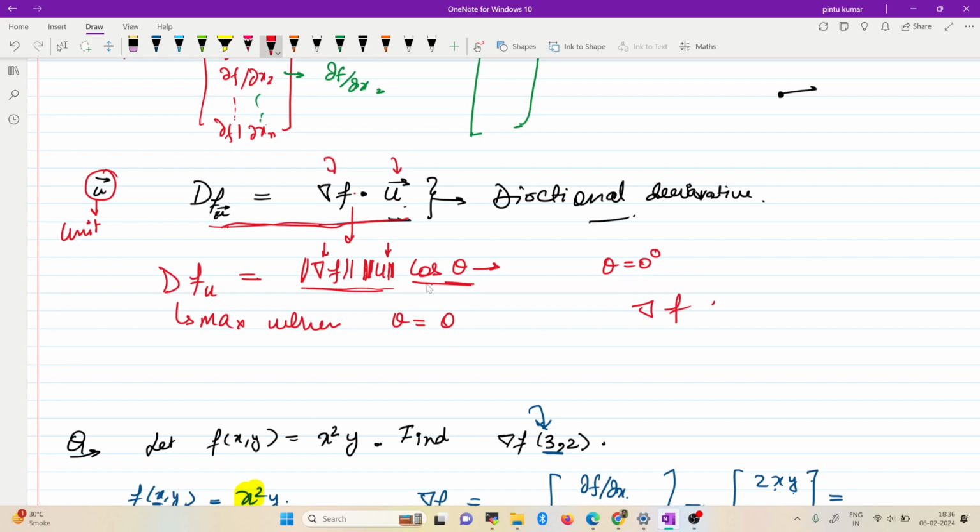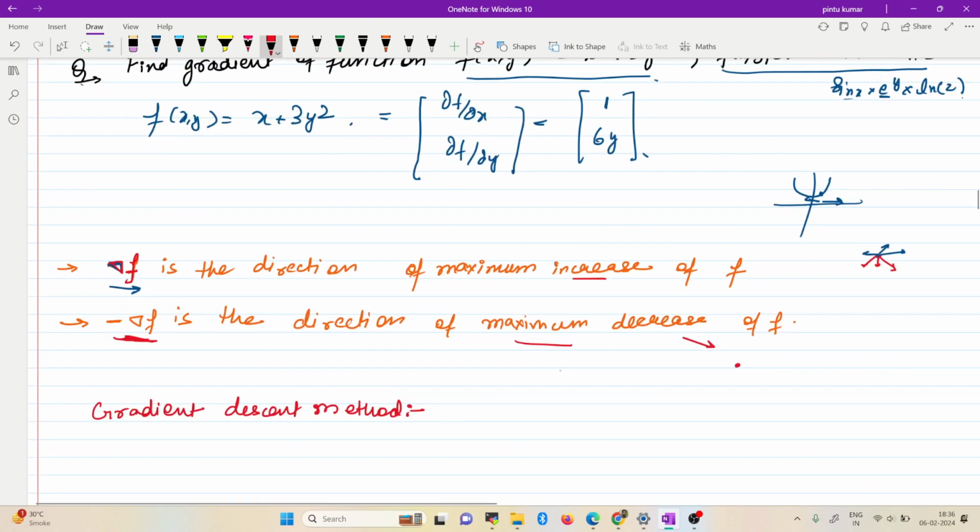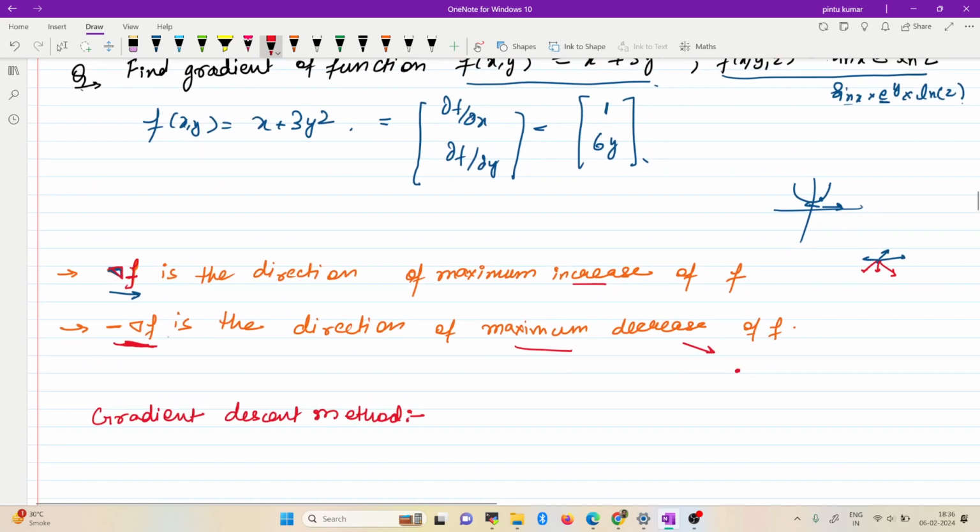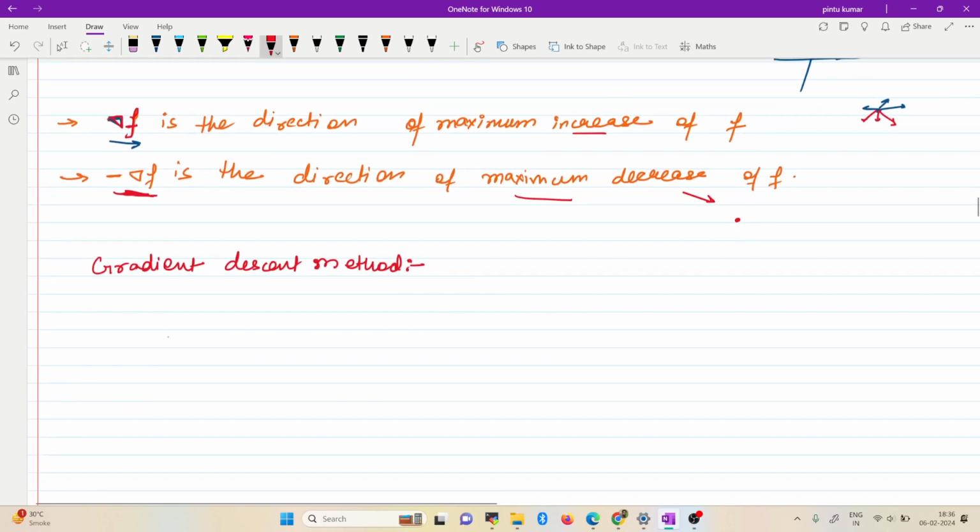And we'll get minimum value for this thing when your theta is 180 degree, and that happens when my u becomes minus gradient of f. So this is another simple proof that negative direction of gradient leads to maximum decrease in value of f.